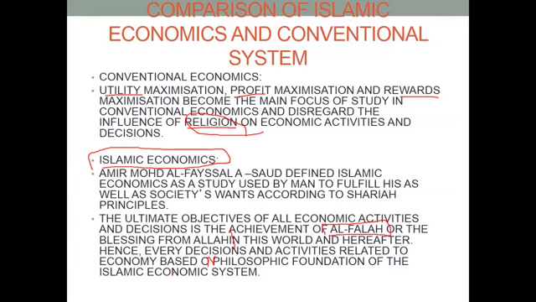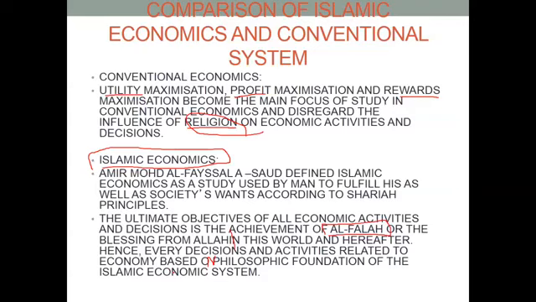So I've mentioned before, the main difference is falah, the inclusion of the two time horizons. For the conventional, we only look at one time horizon, which is the world. Calculation of profit, calculation of everything is only of the world.